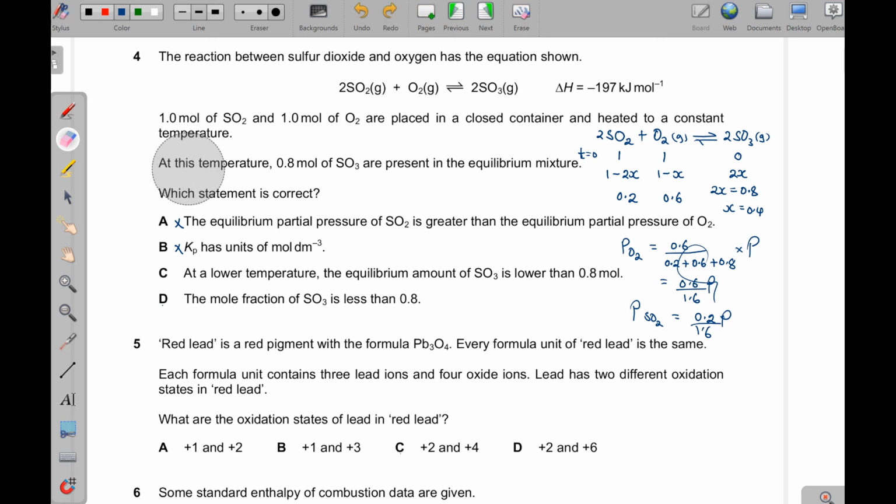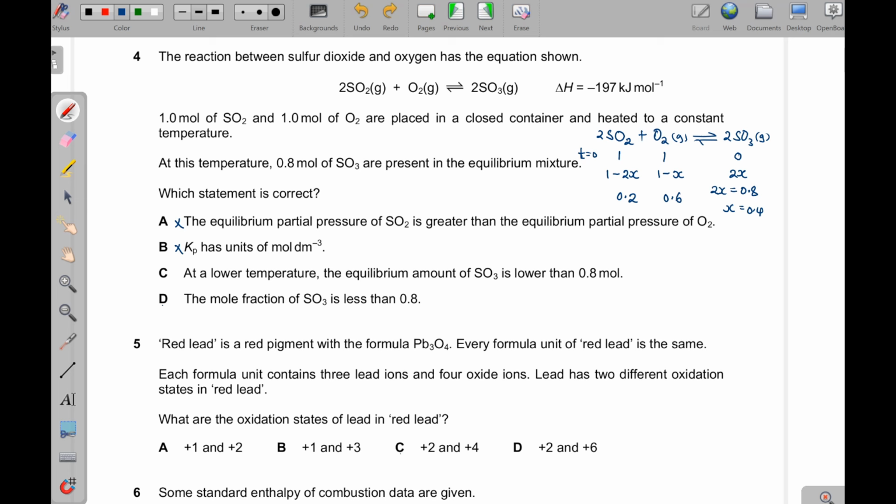Then, what else do we have? They have told us that at a lower temperature, the equilibrium amount of sulfur trioxide is lower than 0.8. Now, at a lower temperature, the forward reaction is exothermic. So when you lower the temperature, you are going to favor the forward reaction.